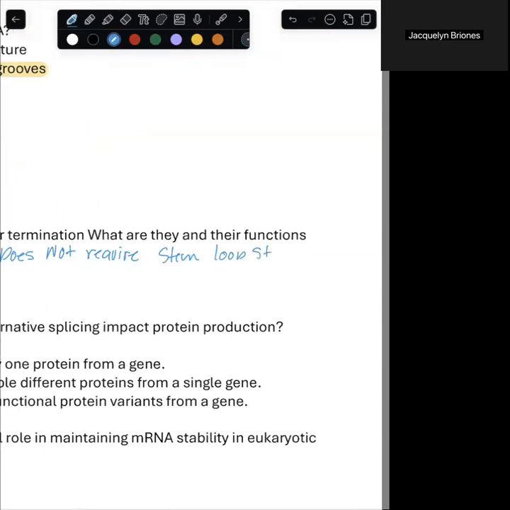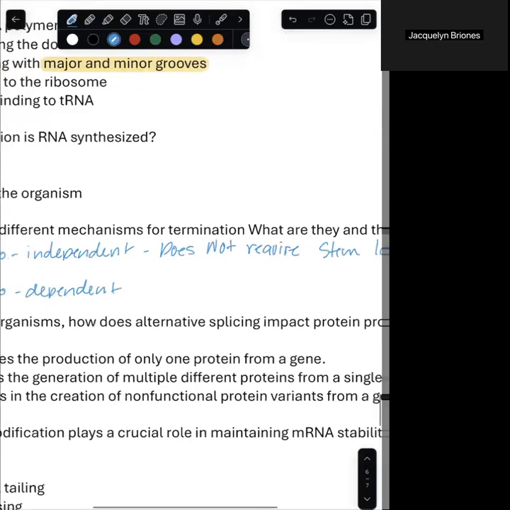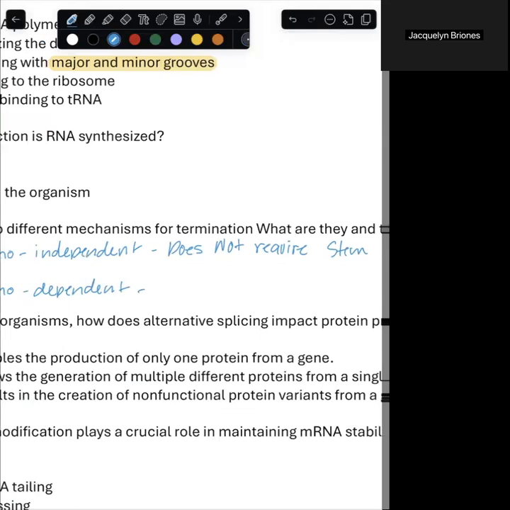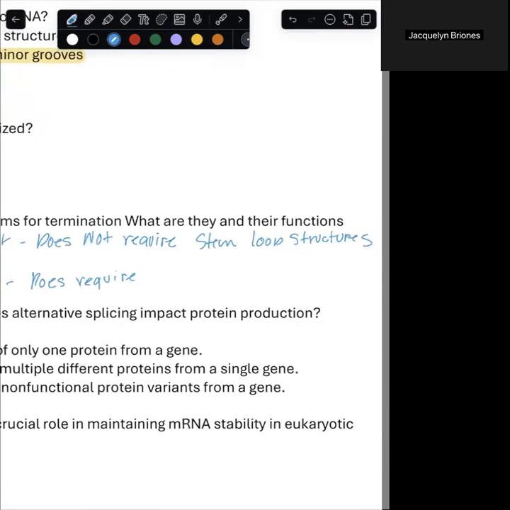And then rho dependent requires a protein called rho that functions as a helicase.